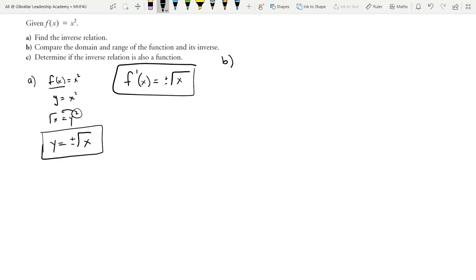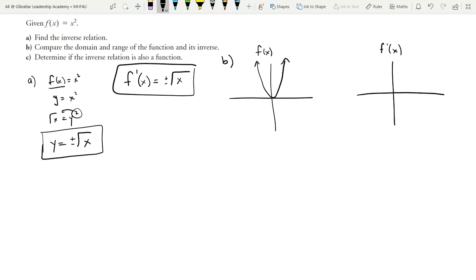Let's go to B. Compare the domain and range of the function and its inverse. To do this, I'm going to include the graphs so that we can understand what we're looking at. So f of x, which is x squared, would look something like that. And we're just making sketches right now. And the inverse of that would be the positive root x graph and the negative root x.